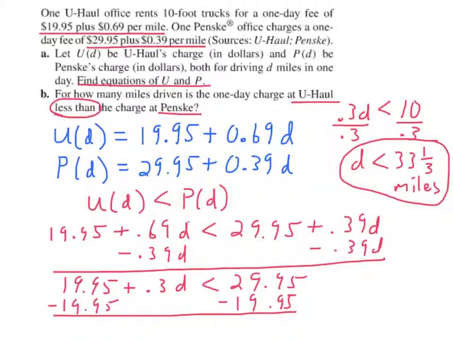So if you were the one renting this truck, if you were planning on driving less than 33 1/3 miles, it would be cheaper for you to rent the U-Haul. But if you were planning on driving more than 33 1/3 miles, then the Penske truck would be the better deal for you.